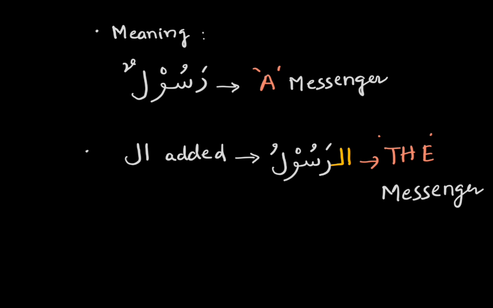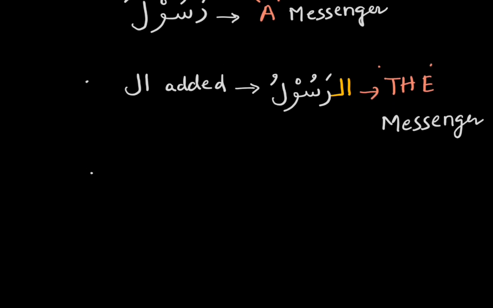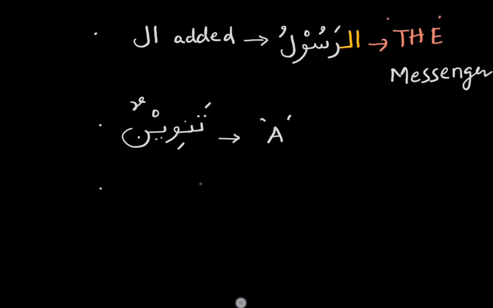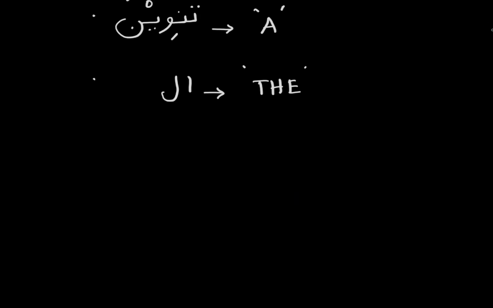So in Arabic, the tanween, that is double dhamma, double fatha or double kasra, stands for A in English. And this alif lam stands for the, T-H-E in English.